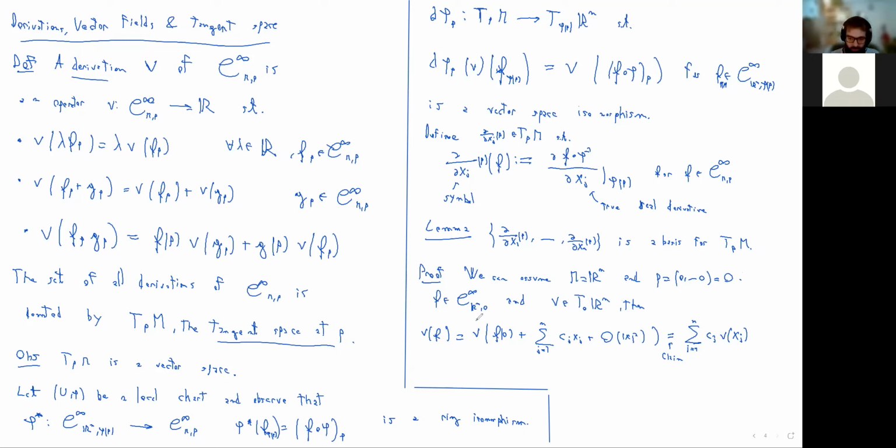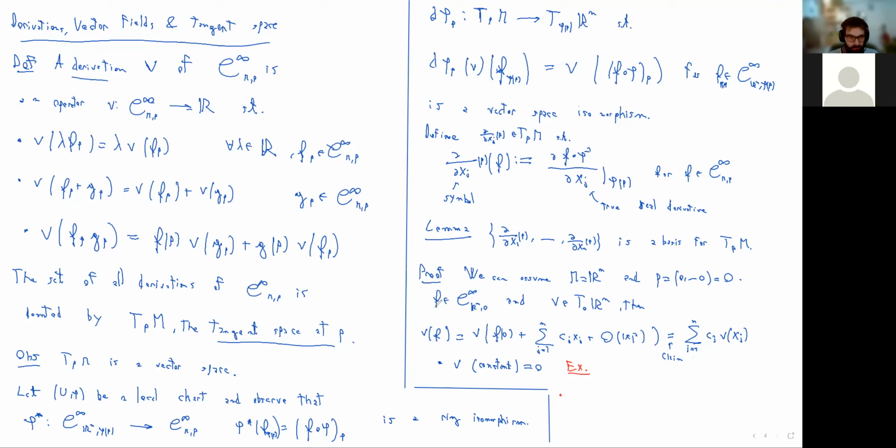And why is this true? There are three reasons which should fit in here. The first reason is that V of a constant is equal to 0, and the proof of this fact is an exercise. f of 0 is a constant, so V of f of 0 is 0. We don't care about it.